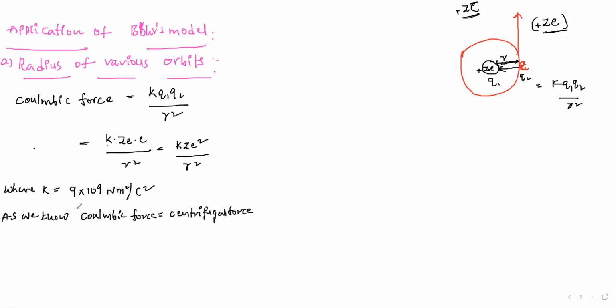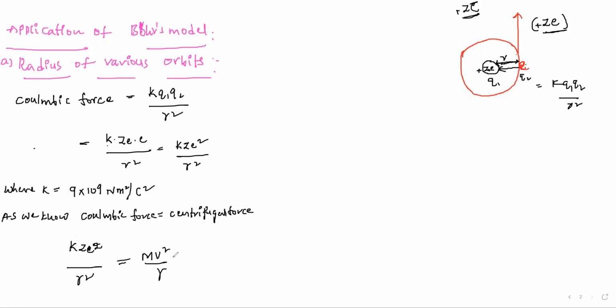That means the Coulombic force we got here, K ZE square by R square, equals the centrifugal force, which I already told you is mv square by R.